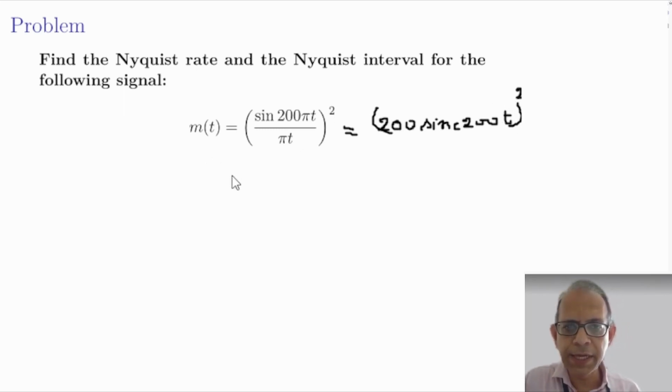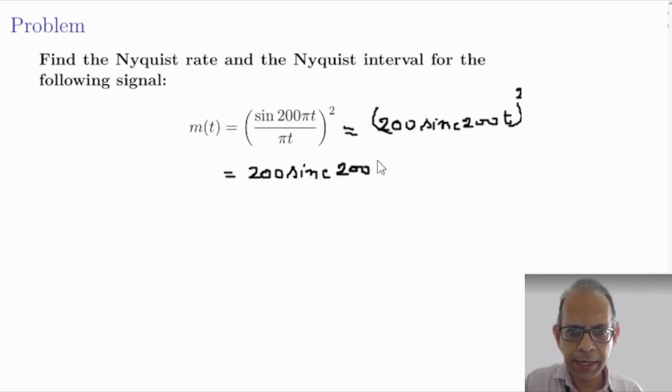So basically this given signal is 200 sinc 200t multiplied by 200 sinc 200t.